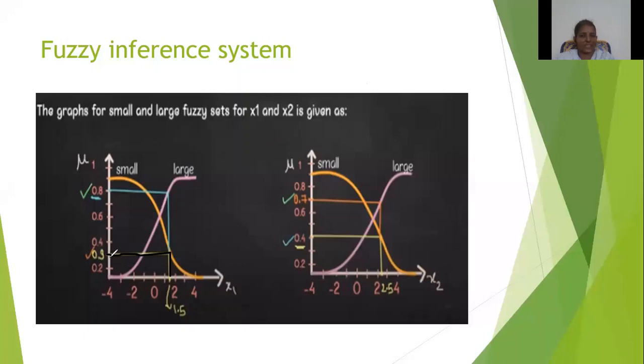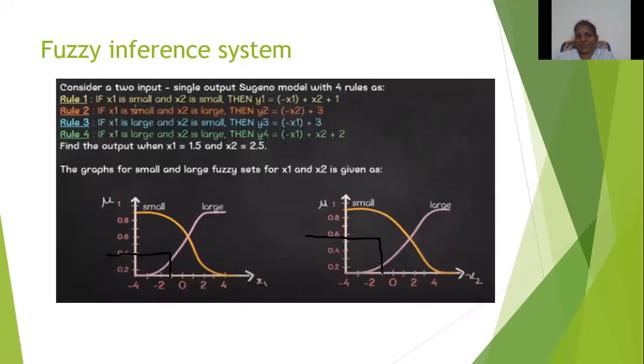Okay. Next, when x2 is equal to 2.5, the corresponding membership function value will be... and you also need to consider that your first rule is, one second, first rule is if x1 is small and x2 is small, so both are small.